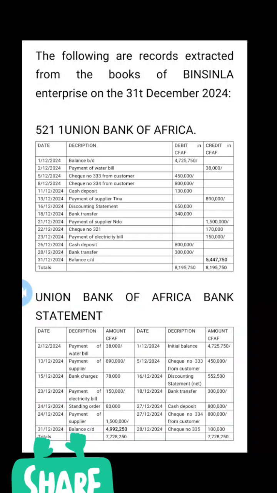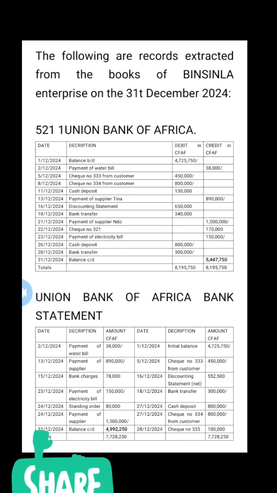Then we have the next one, which was the last one. So you will discover that here on the debit side, the accounts that have not been indicated, the both accounts recorded will be on the debit side of the bank account.